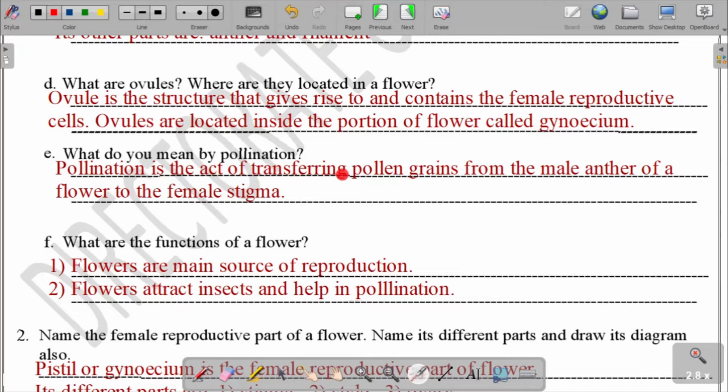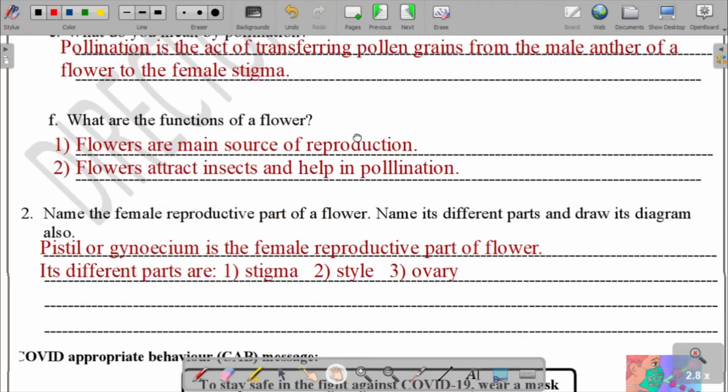Pollination is the act of transferring pollen grains from male anther of a flower to female stigma. Next question F is, what are the functions of a flower? Flowers are the main source of reproduction. Second function could be flowers attract insects and help in pollination.